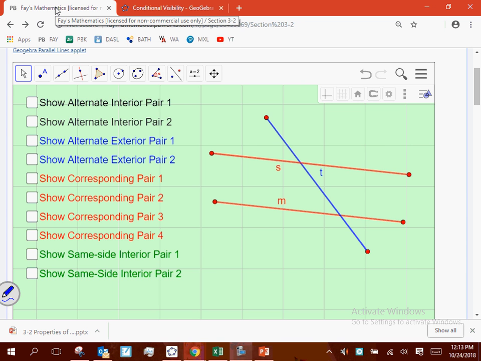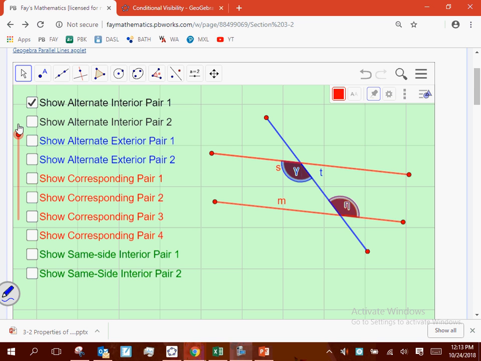Okay, so we talked the last couple days about locations of alternate interior, alternate exterior, corresponding, and same side interior angles. Yesterday, I showed you part of this where if you want to look at a grouping of alternate interior angles, hopefully this illustration convinces you of the main property we're going to deal with.